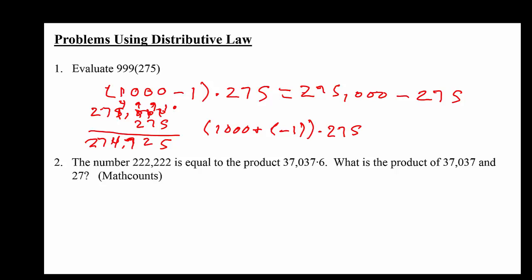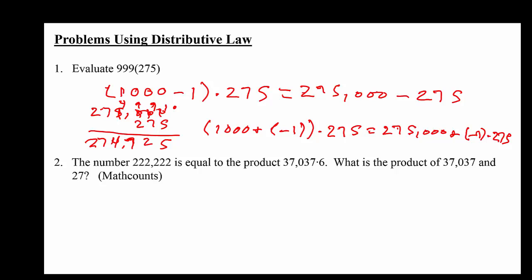And now I just have additions, so now I do have a distributive law, because back in the video, they said that any subtraction can be written as plus the negative of that number. So that'll be 275,000 plus negative 1 times 275, and negative 1 times 275 is just minus 275.